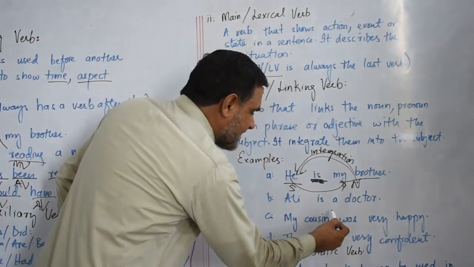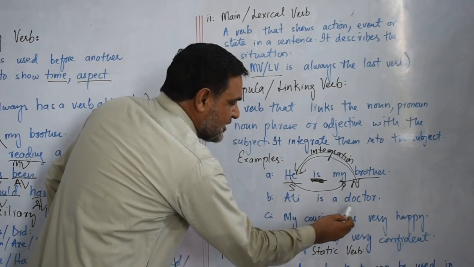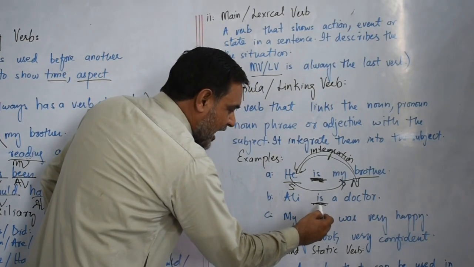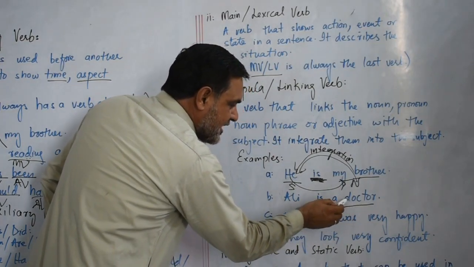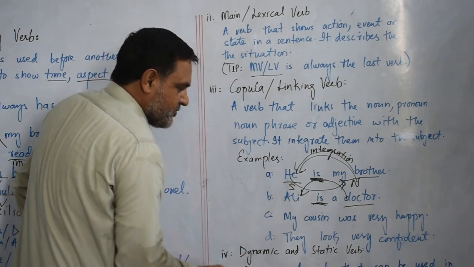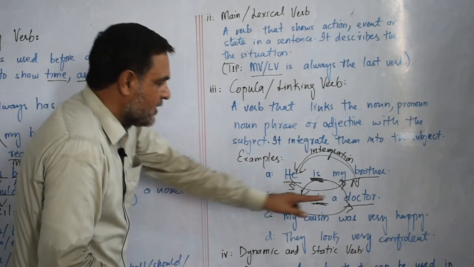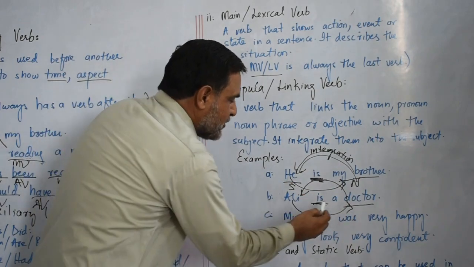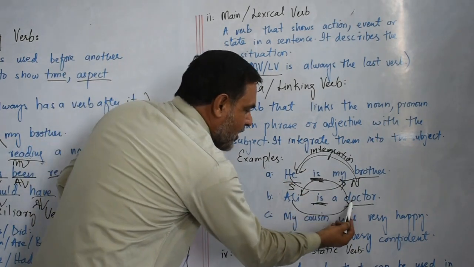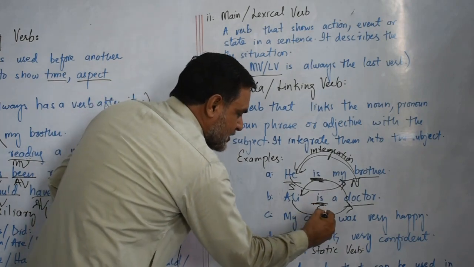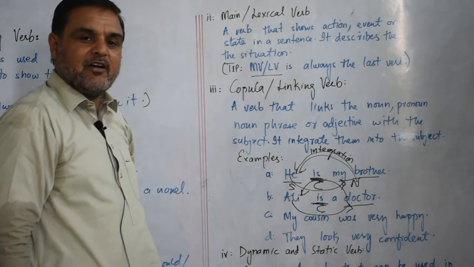Coming towards the next one, Ali is a doctor. Is it a linking verb? See, who is Ali? Ali is a doctor, or doctor is Ali. So it is linking Ali with the doctor, doctor with Ali. Simple. So it's a copula or linking verb.